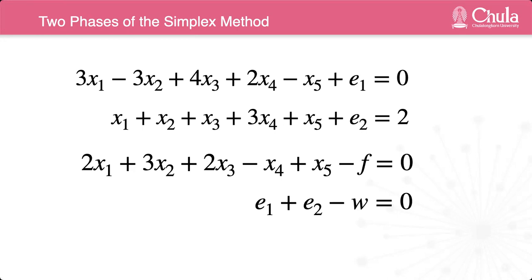In the phase 1 algorithm, we try to find the point where the summation of E is 0. If E1 is 0 and E2 is 0, you can guarantee that that point is feasible.